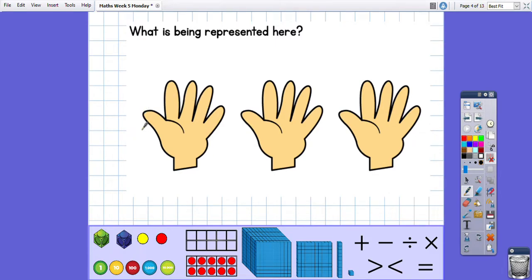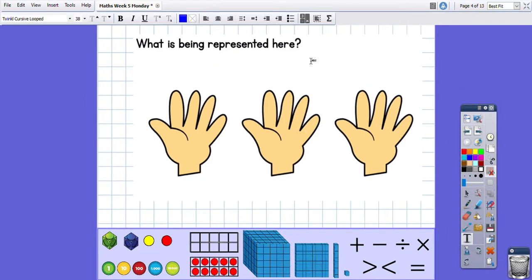So I've still got my hand, which I know is worth 5, but I've got it 3 times. So here I've got 15, because I've got 5 on this hand, 5 on this hand, and 5 on this hand. And I know that 3 times 5 is 15.